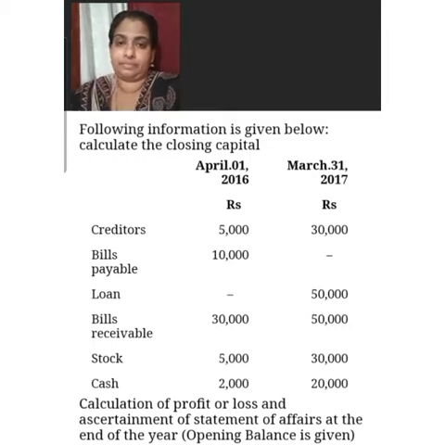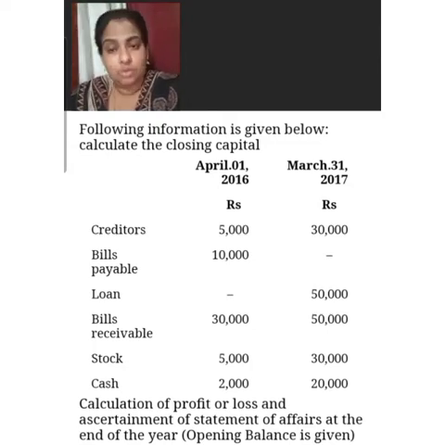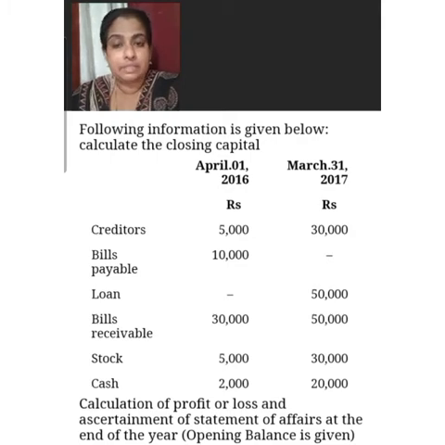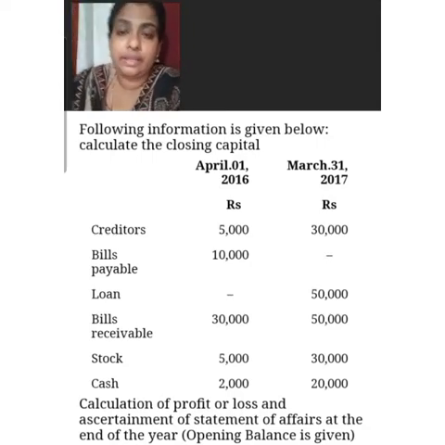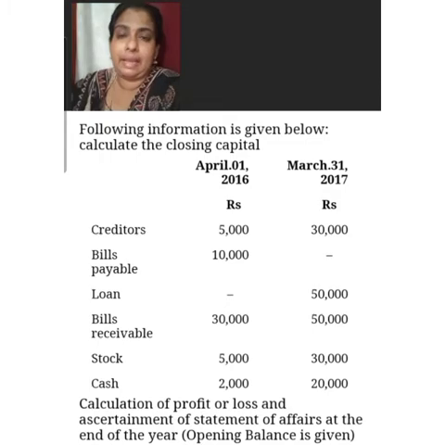Then another piece of information is the closing balances, that is, the balance as on 31st March 2017: closing balance of creditors, bills payable, loan, bills receivable, stock and cash. Here the question is to calculate the amount of closing capital.